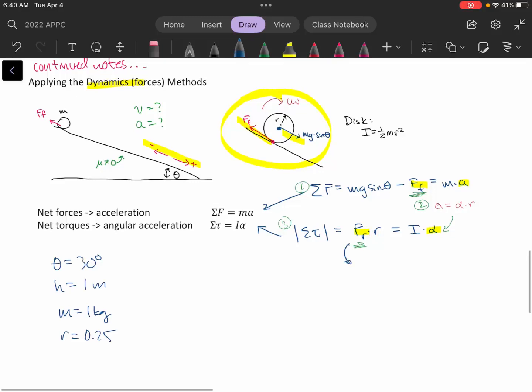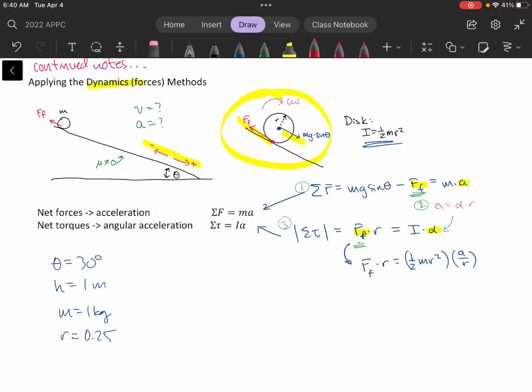So I'm going to rewrite this formula as force of friction, let's realize that that wasn't an F, that was an R, times radius is going to be equal to I times alpha, but we'll solve this and say alpha is equal to a over R. And since it's a solid disk that we were using, I'll put 1/2 mR squared for the I, and a over R in place of alpha.